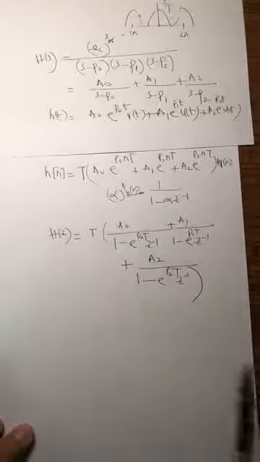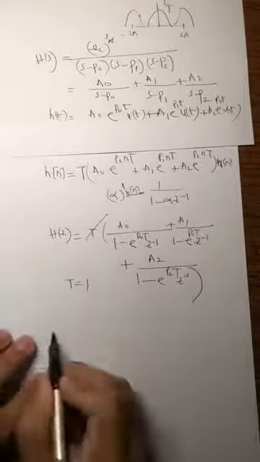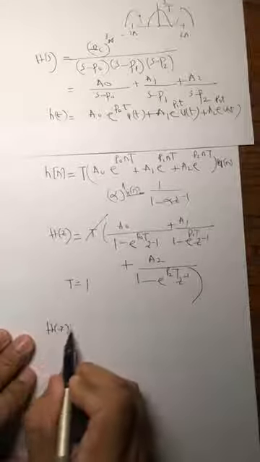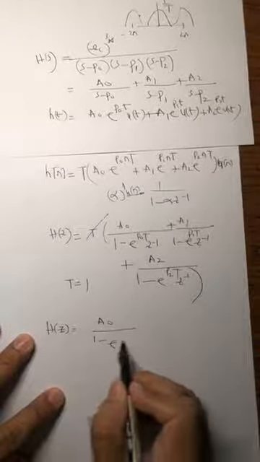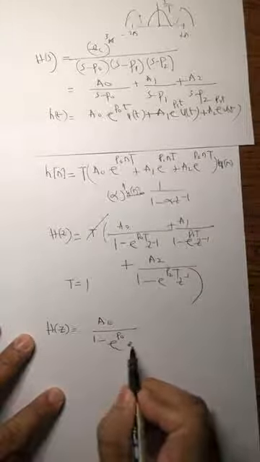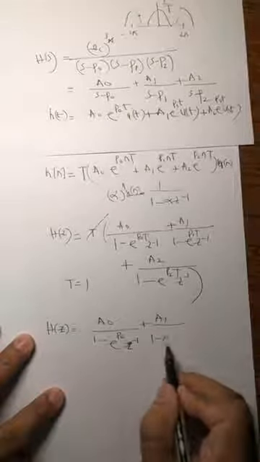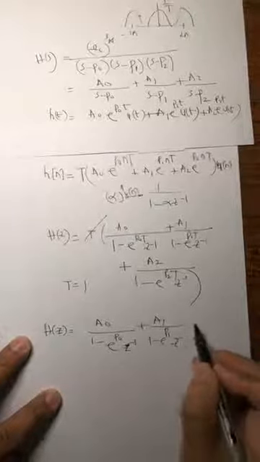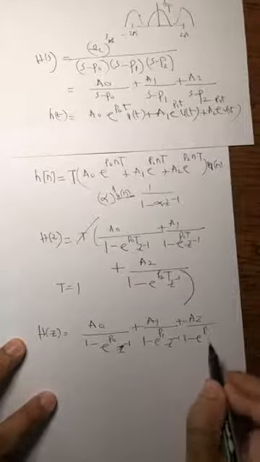These are the three factors. You don't need to go through all of this. T can be 1. So you get h of Z as A0 over 1 minus exponential P0 Z inverse, plus A1 over 1 minus exponential P1 Z inverse, plus A2 over 1 minus exponential P2 Z inverse.